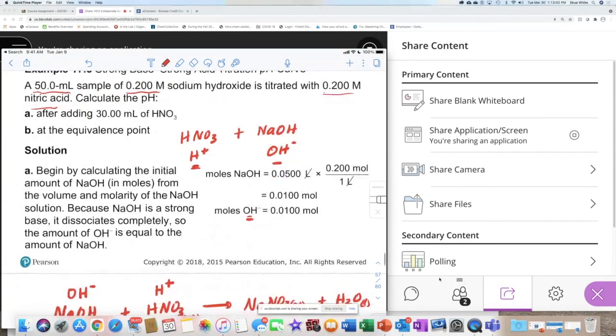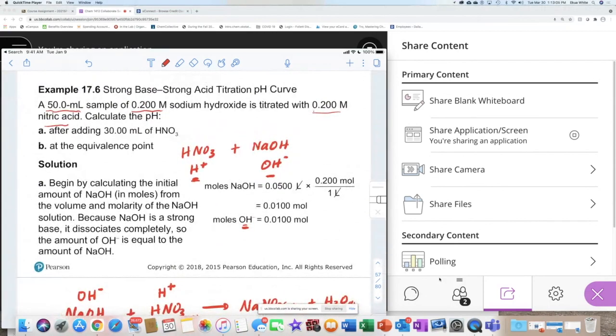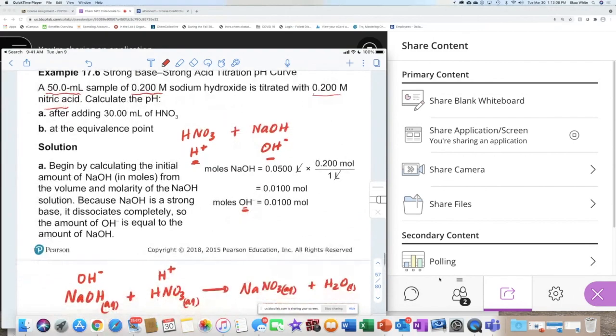So the reason why I paused real quick is because the scenario is actually very interesting, right? So I'm trying to think of the simplest way to approach this. How do I want to approach this? The way they approach it first is by reacting the moles, okay? And then towards the end, they take the moles and convert it to concentration. So let me try to do it that way. Let me stick with the way they're doing it because there's so many different ways to approach this.